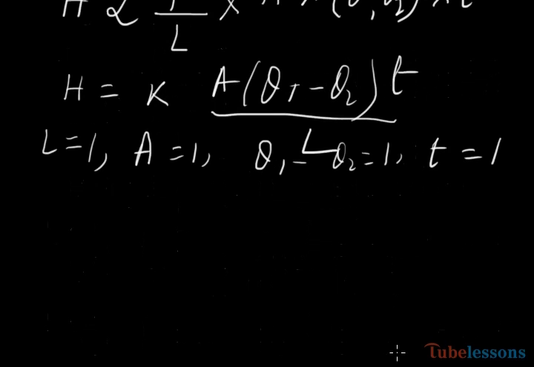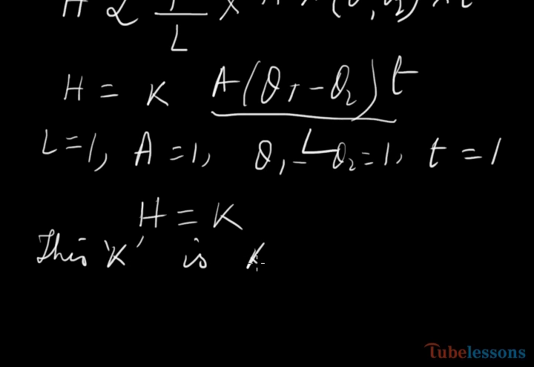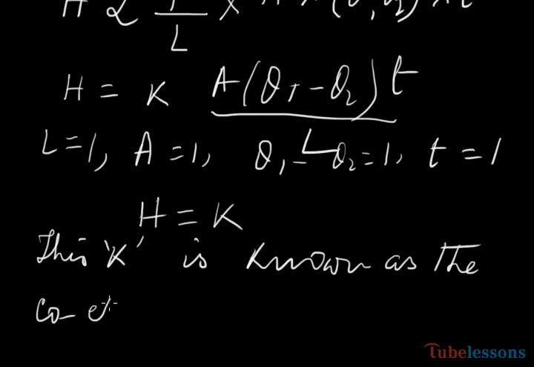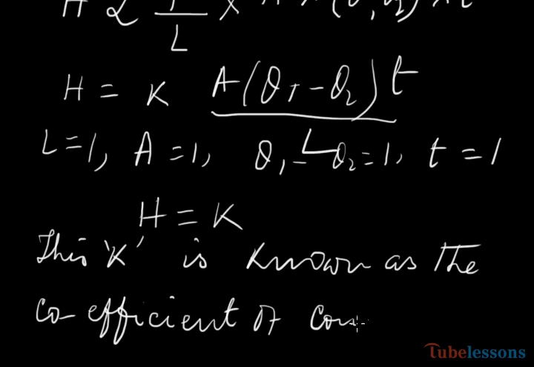Then, substituting A by 1, theta 1 minus theta 2 by 1, T by 1 and L by 1, we get H equal to K. This K is known as the coefficient of conductivity, or simply conductivity, of the solid.